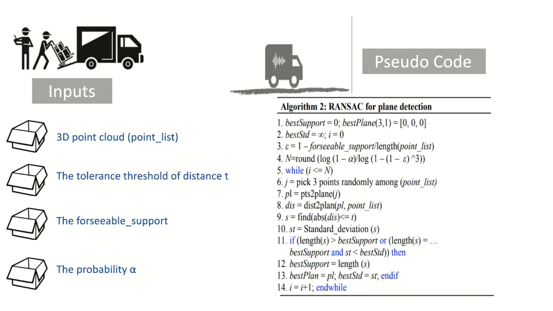The function points2plane in line 7 calculates the plane parameters from the 3 chosen points. In steps 8 and 9, we check for points below the threshold and find the standard deviation. In the following steps we check if the number of points is greater than or equal to the best support and the calculated standard deviation is less than the best standard deviation. And if so, we update them accordingly. And this sums up the pseudo algorithm, following which we get our roof planes.